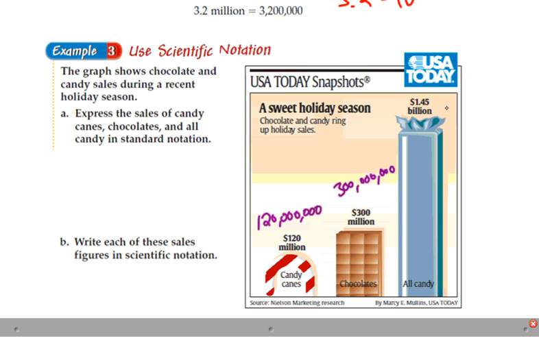And then 1.45 billion, excuse me, sorry, that would be 1,450,000,000. If it was 145 million, that would be 145 all before that comma, but since it's 1.45 billion, it would be 1,450,000,000.